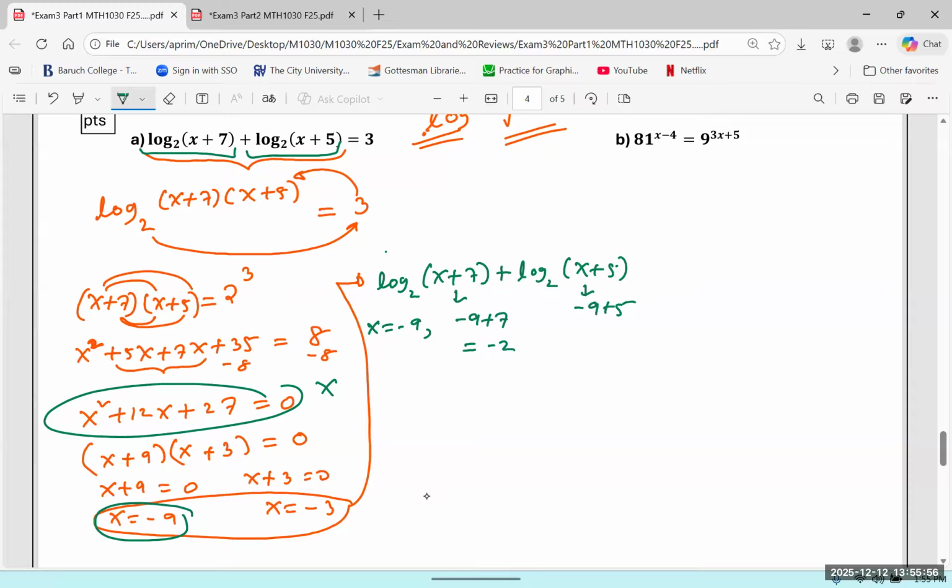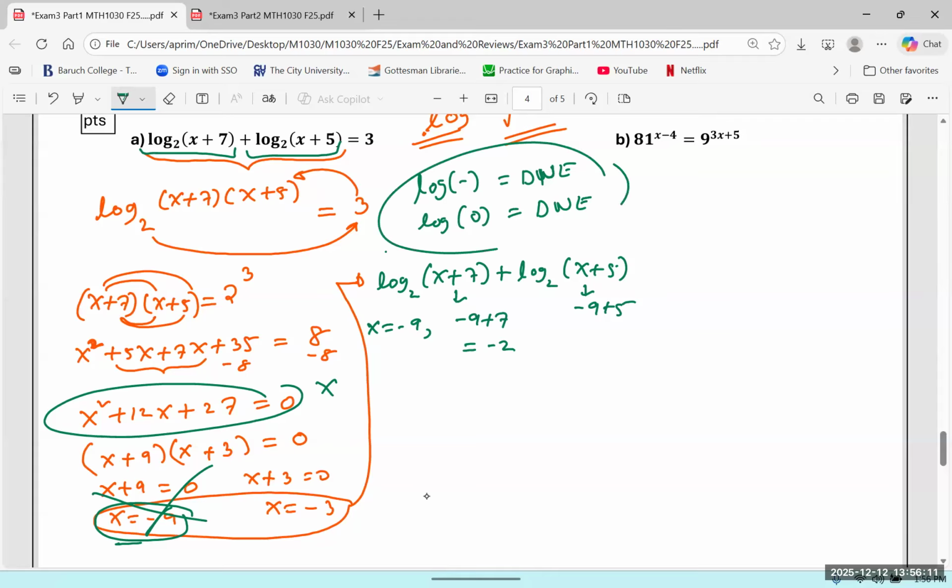When you see a negative in a log, it's automatically unacceptable. Log of a negative doesn't exist, and log of 0 doesn't exist. That's why you have to check. Do we have a 0? Do we have a negative? If you do, you cannot accept the solution.